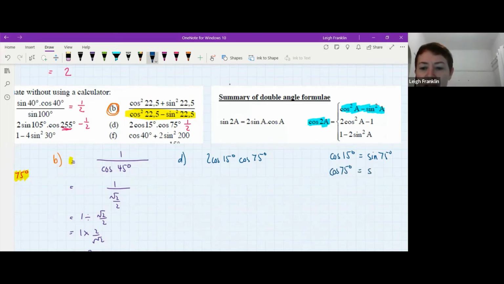Sine 15, absolutely. I don't want to change both of them, just one. It's your choice which one. Let's say we change cos 15 to sine 75.